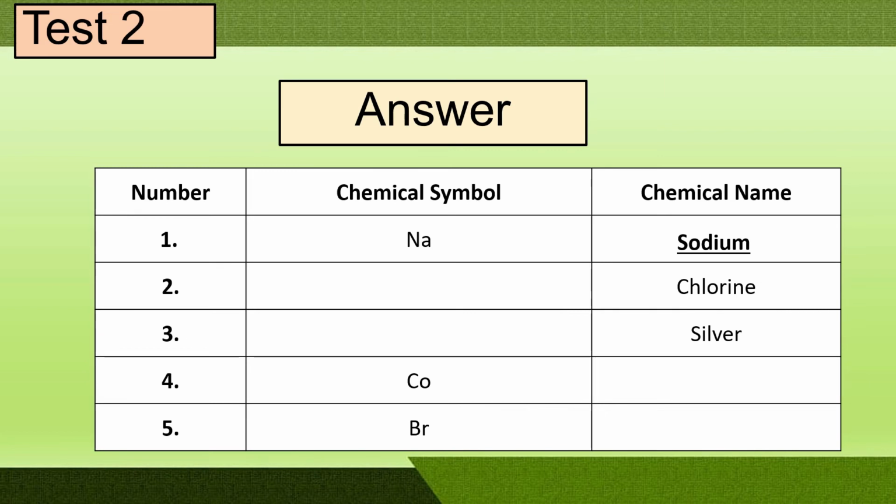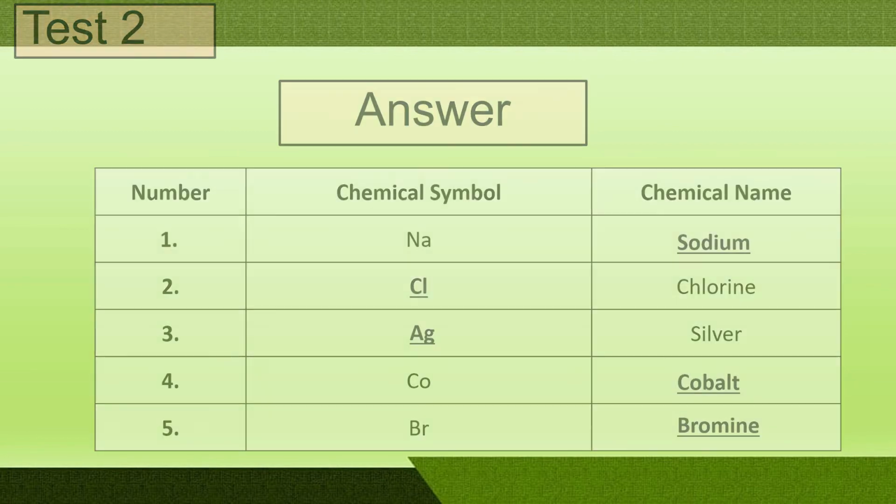And the answer is Cl. How about the chemical symbol of silver? It is Ag. How about the chemical name of the element Co? Yes, it is cobalt. How about the chemical name of the element Br? It is bromine.